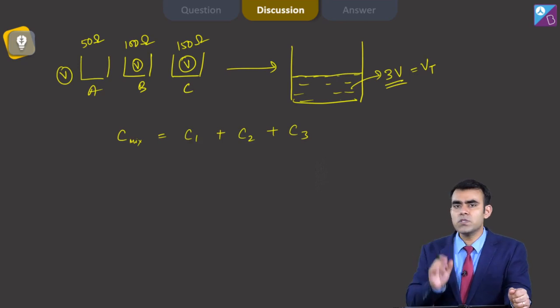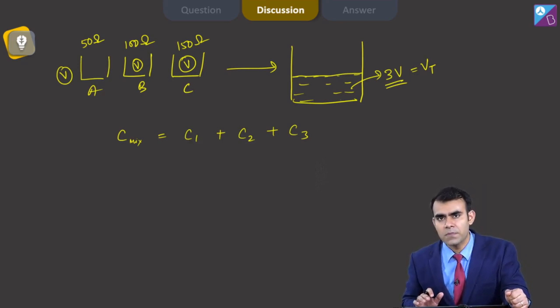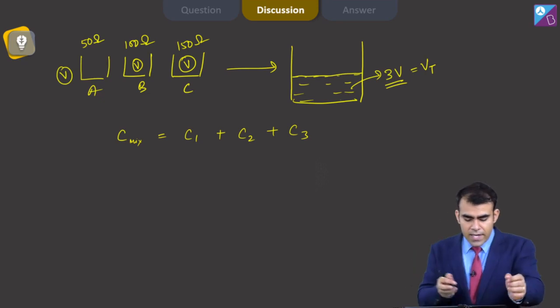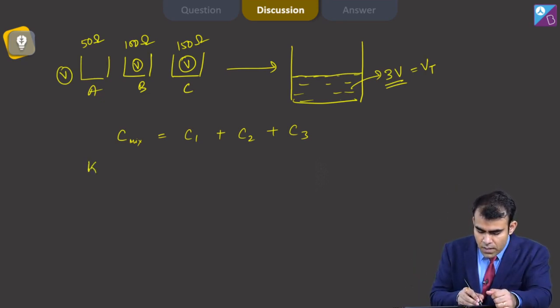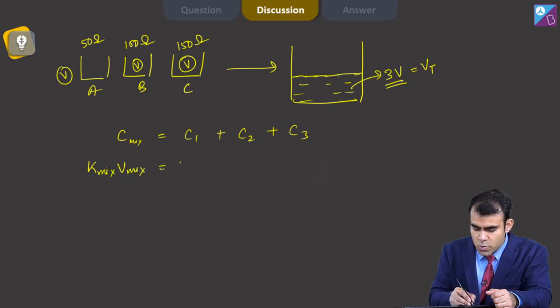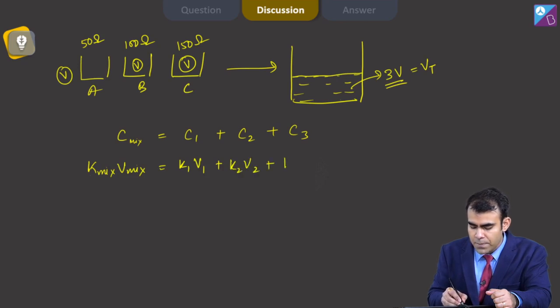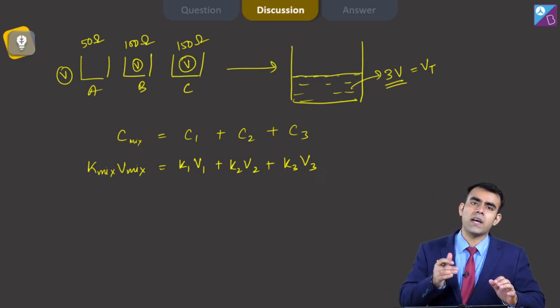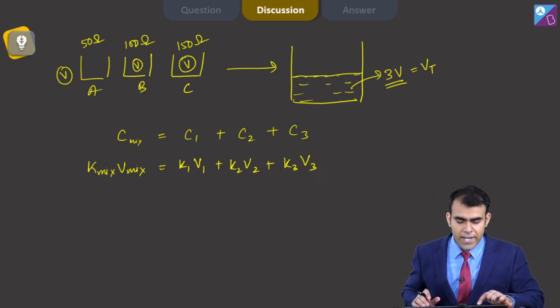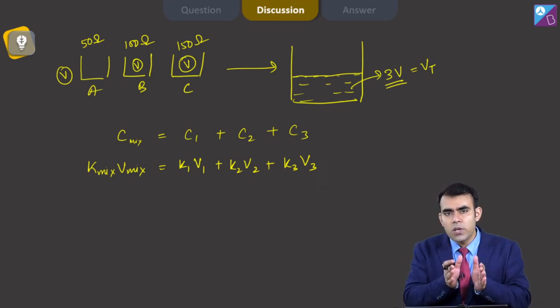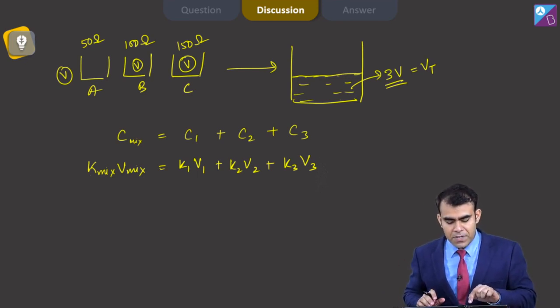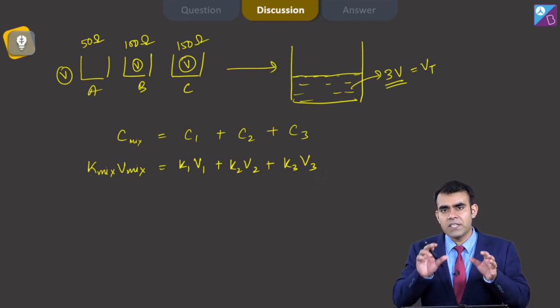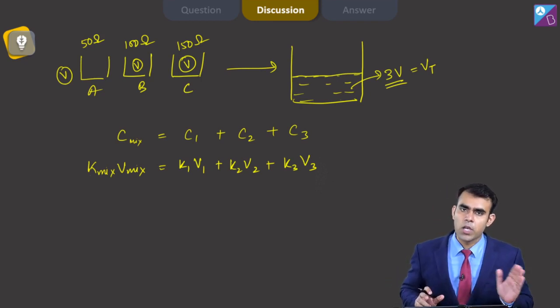And also we can use a formula for solving such problems when our final volume is changing, that is, kappa mixture times V mixture is equal to kappa 1 V1 plus kappa 2 V2 plus kappa 3 V3. Here kappa shows the conductivity of my final mixture, into the total volume of the mixture, which is equal to kappa 1 V1 plus kappa 2 V2 plus kappa 3 V3 for the respective solutions.